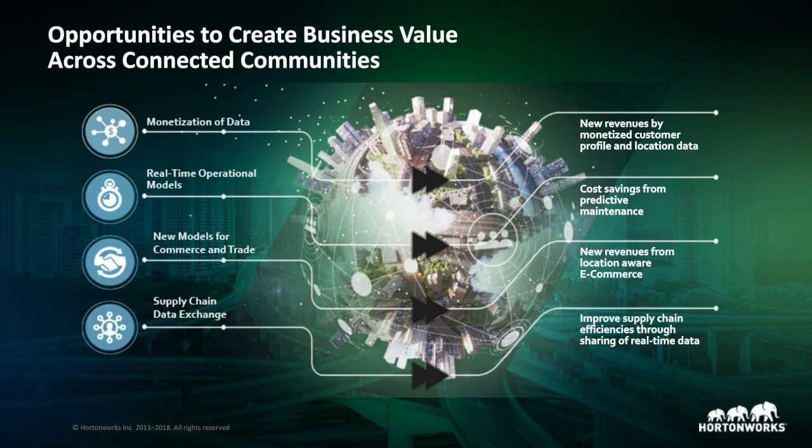We're seeing industries more and more coming together to look at the monetization of data, being able to share real-time operational models, whether that's in commerce and trade or the exchange of supply chain data. And what that's really helping us do is develop new revenue streams, both from customer profile and from location information, making sure products and services are available across industries, and we'll share some of those examples.